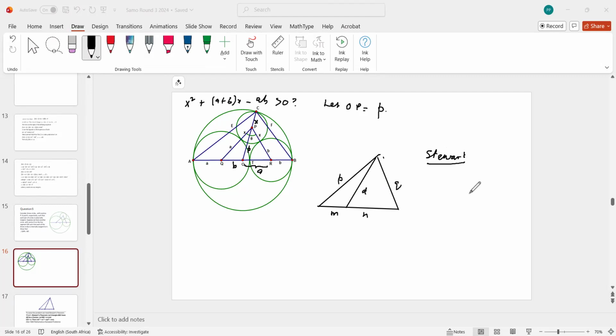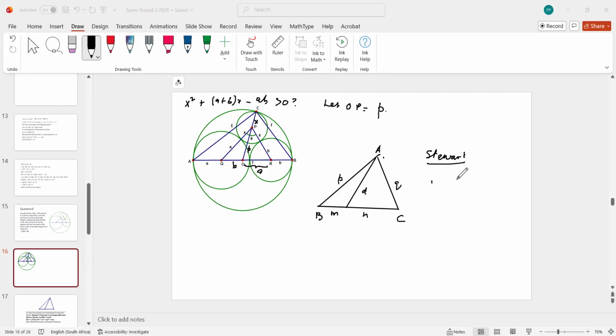first stated by Stewart. It's not a very complicated result, but at least he's given his name to this, which I think people must have known a long time ago. Anyway, what it says is, we call this a, b and c. This side of the triangle is m plus n.